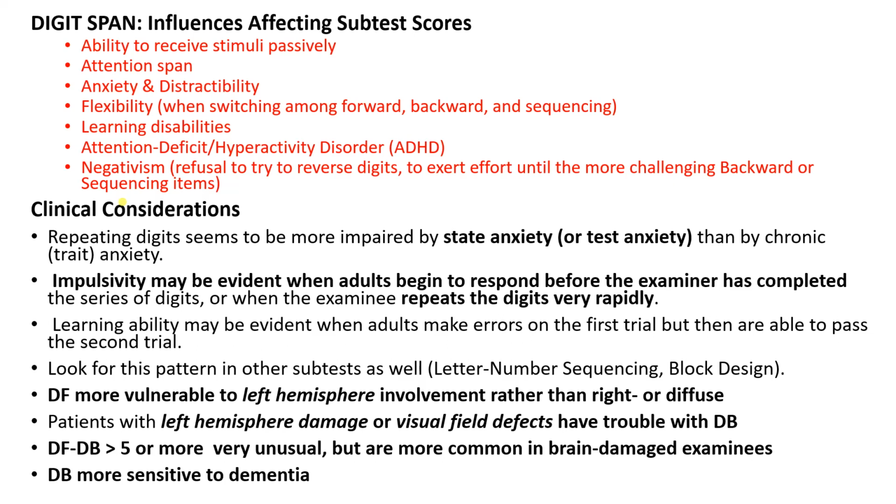But if this learning ability is not there, then one will fail all the trials and will not be able to learn from the errors made in the previous trials. But for inferring this, we must observe the performance on similar tasks like letter number sequencing or block design.